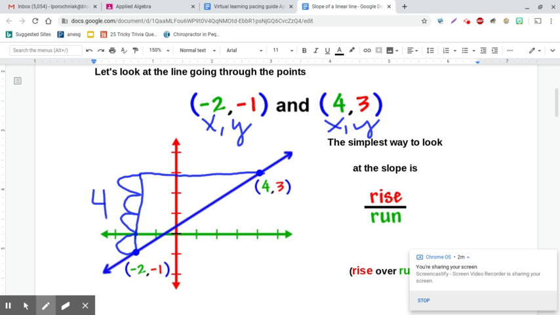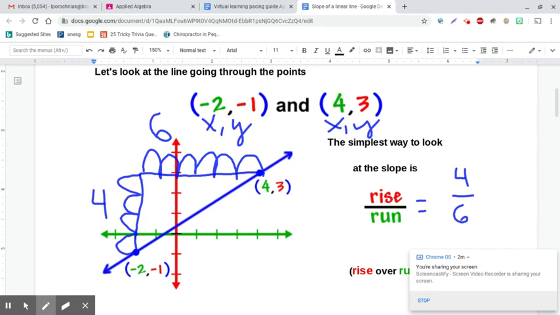Then we're going to go over. How many points does it take us to go over? 1, 2, 3, 4, 5, 6. So the run is a 6. If you look here, guys, our rise is a +4 and our run is a +6.